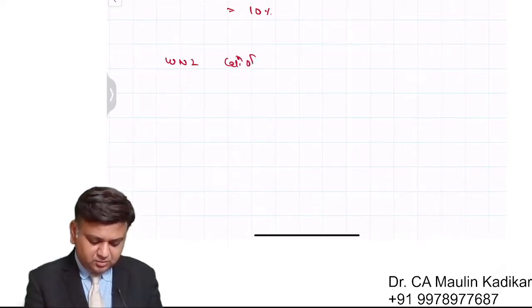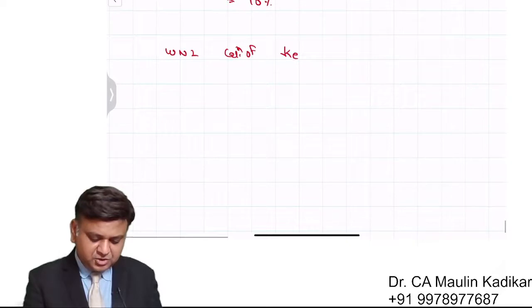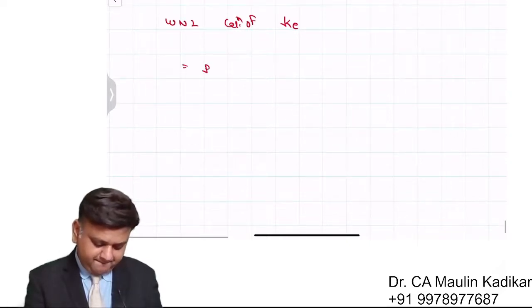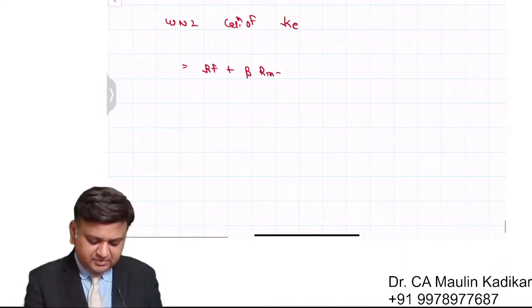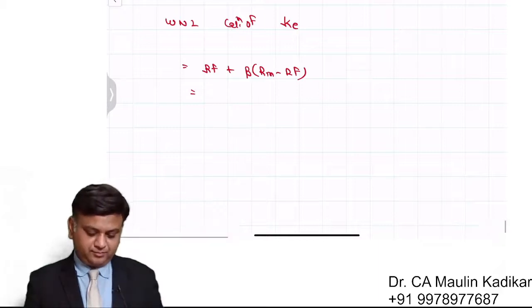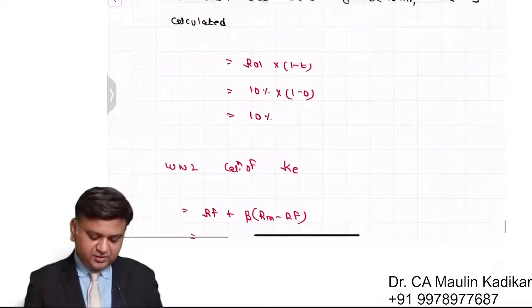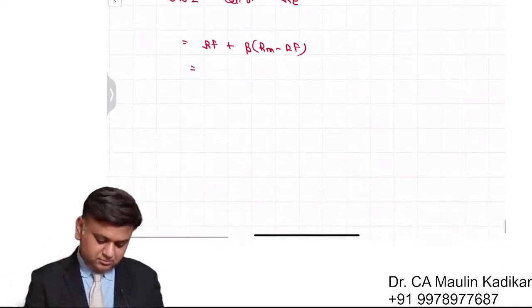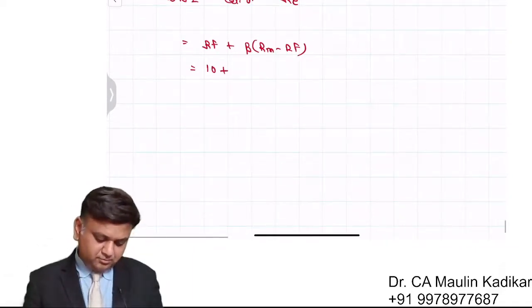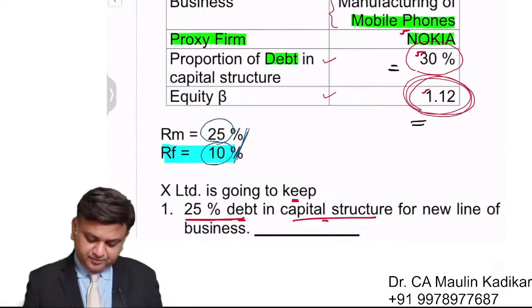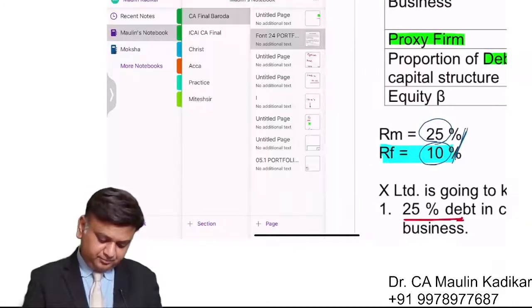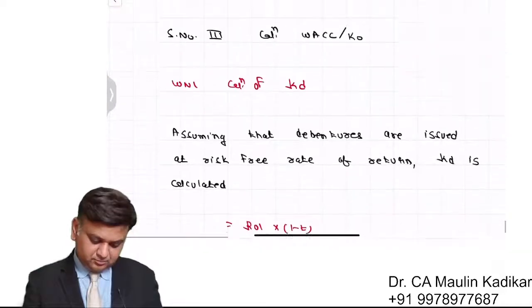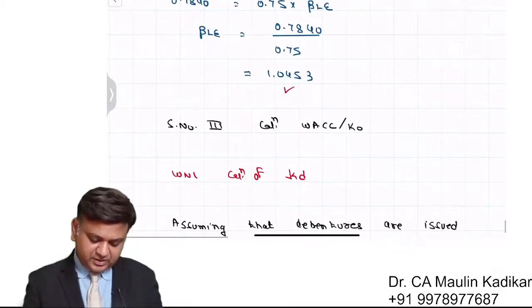Working note number 2. Calculation of KE. RF plus beta into RM minus RF. What is risk-free rate of return? It is 10. Beta is 1.0453.